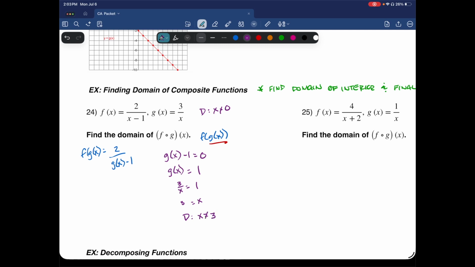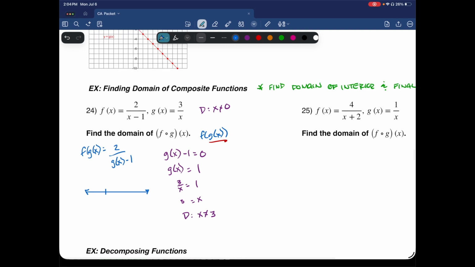Okay, so what does all this mean? Well, if I were to graph this, it can't be 0 and it can't be 3. But it can be everything else.